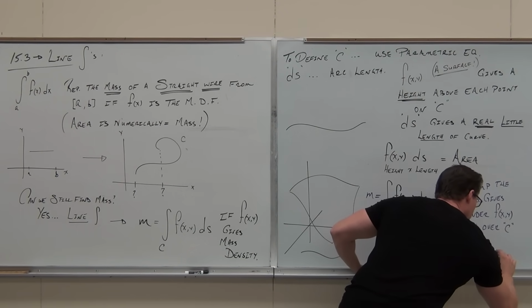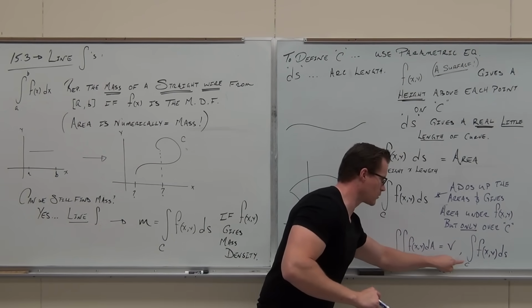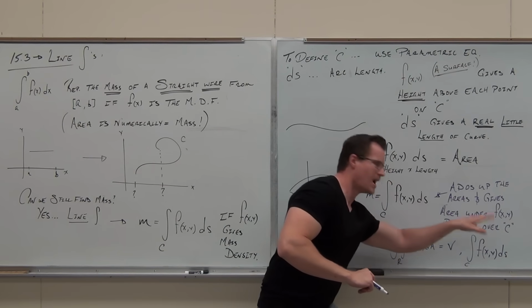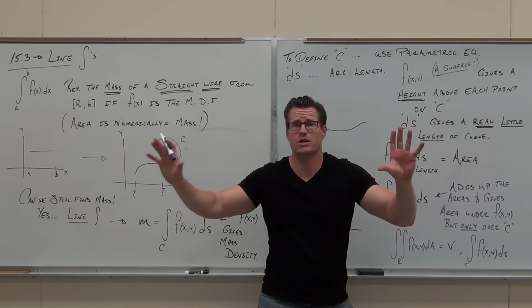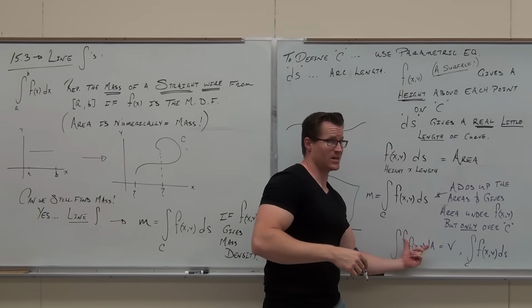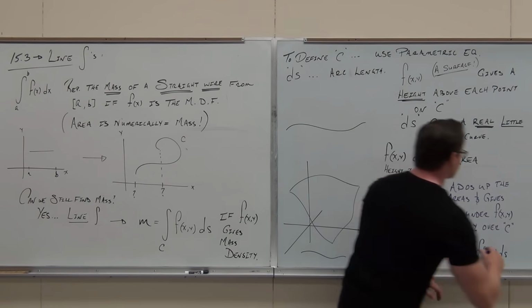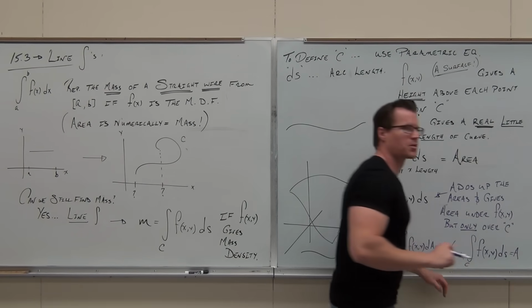Same function, but only along that curve, the arc length along that curve of still the surface, but I'm not integrating across the whole region. There is no region. There's just the curve. If you take away a dimension, you ain't got volume anymore. You got area. That's practically what we're doing.